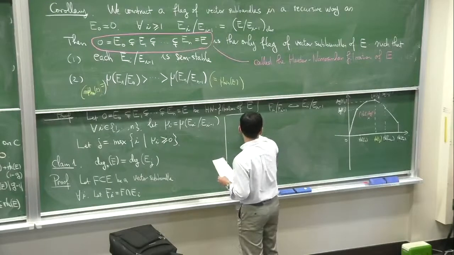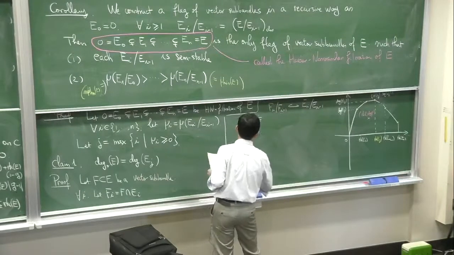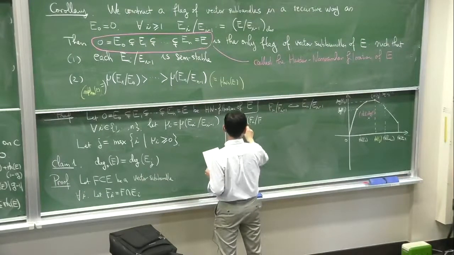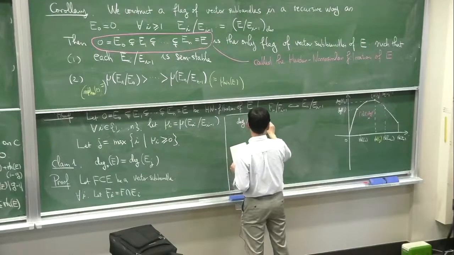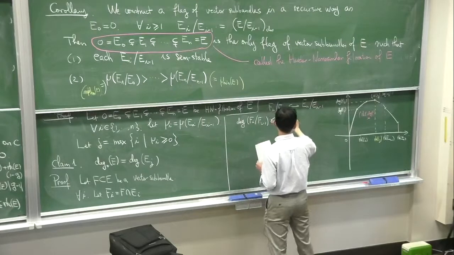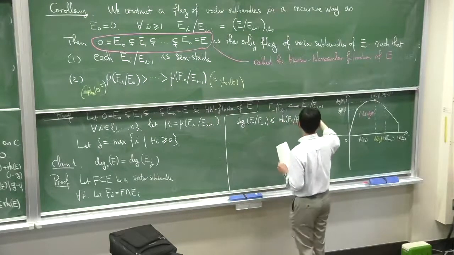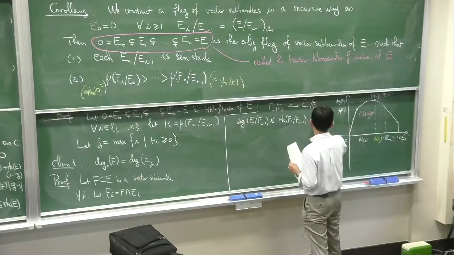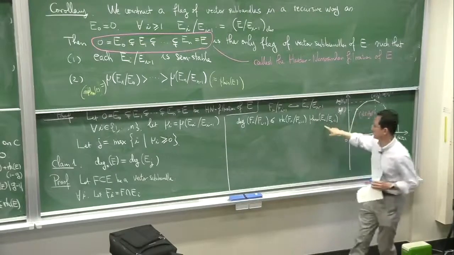And then Fi over Fi minus 1 may be 0, so I would like to say that the degree of Fi over Fi minus 1 is bounded by the rank of Fi over Fi minus 1 times the maximal slope of Ei over Ei minus 1.